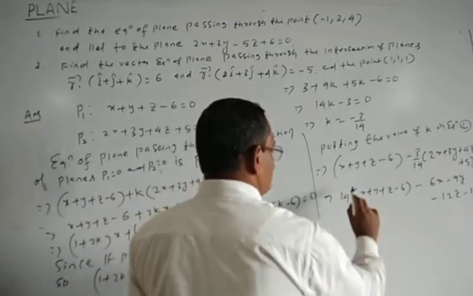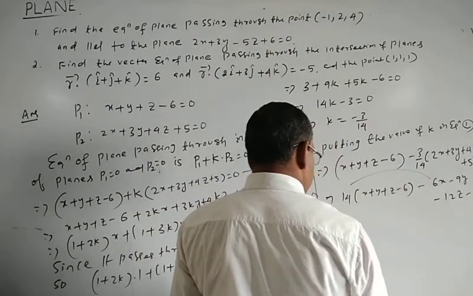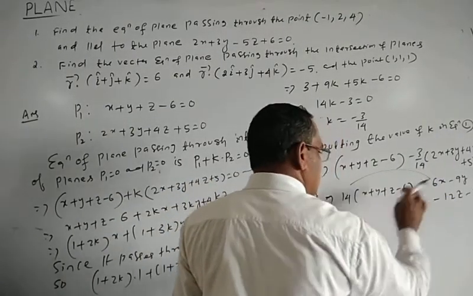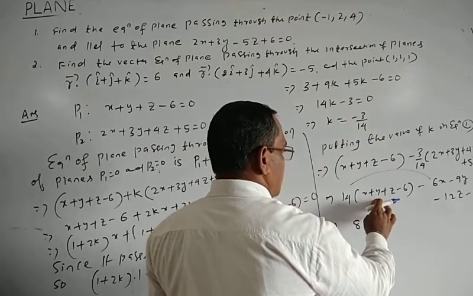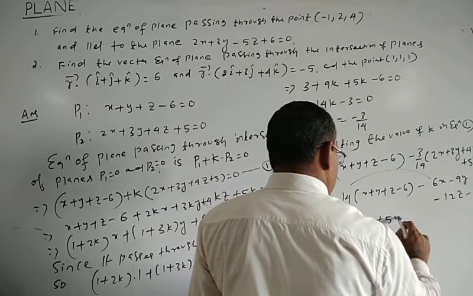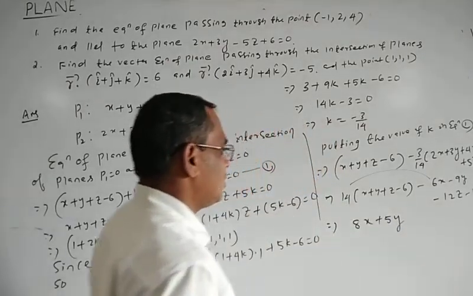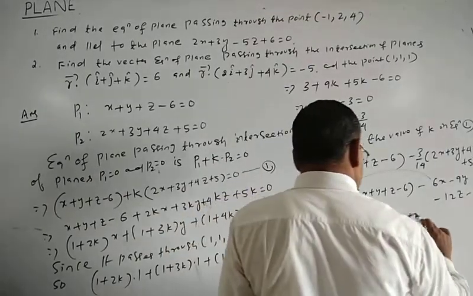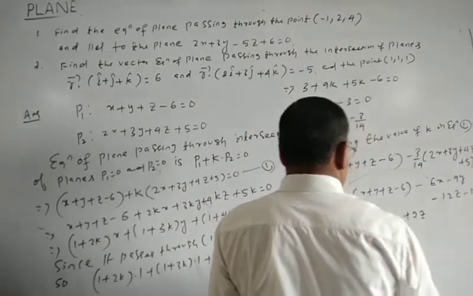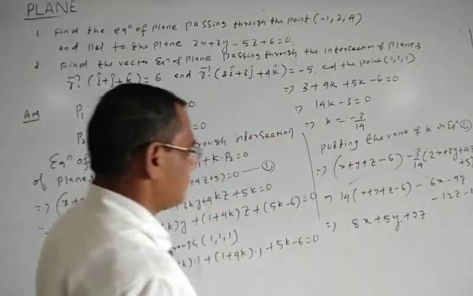So 14x minus 6x is 8x, and 14y minus 9y is 5y, then 14z minus 12z is 2z.